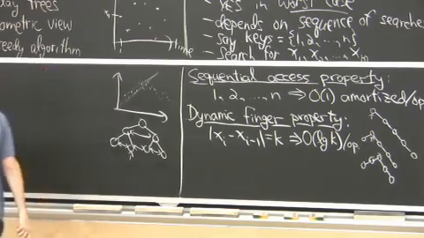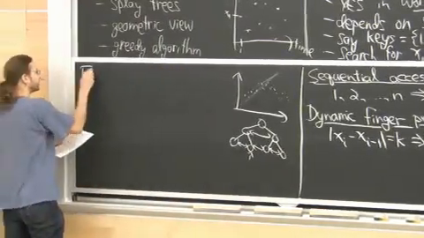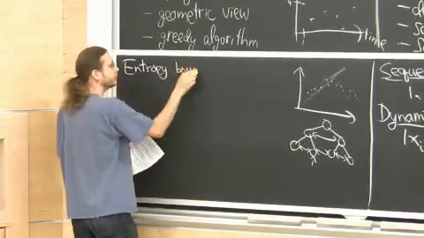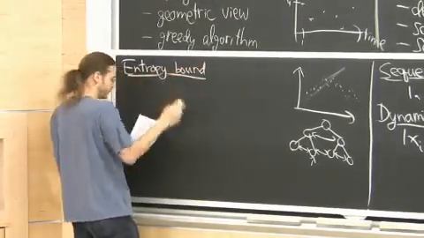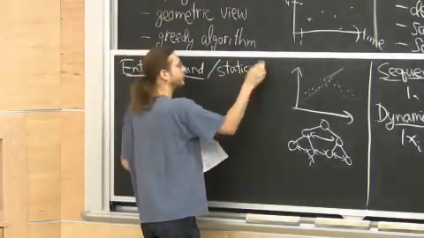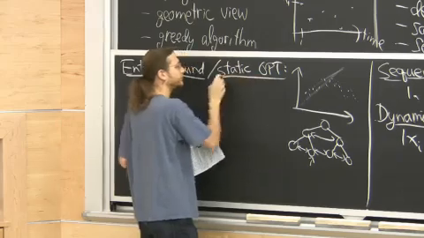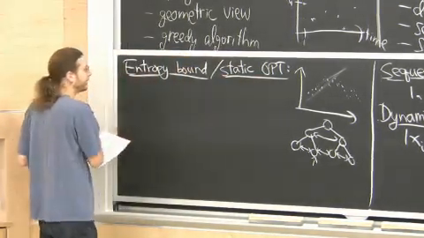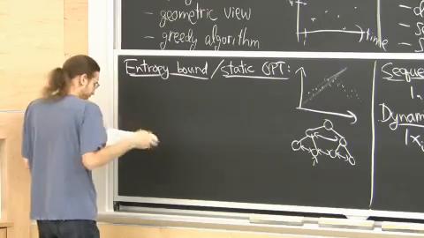Let's move on to some more bounds. Or properties. So the next property is called the entropy property or entropy bound.